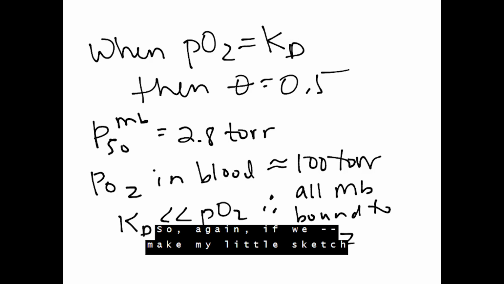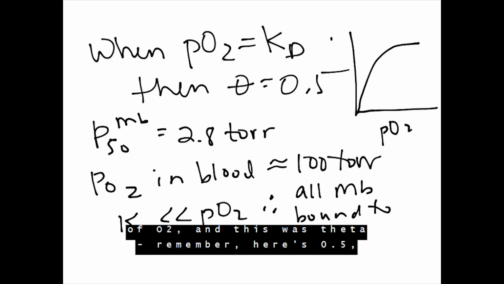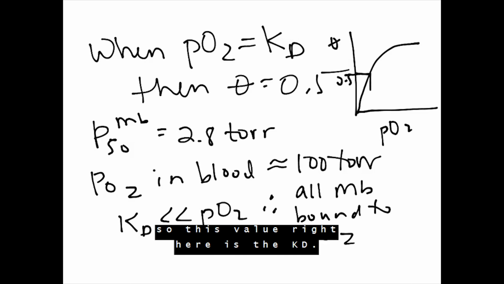So again, if we make a little sketch right here, because I only have 10 pages on my whiteboard. If this was our picture, and this was the pressure of O2, and this was theta, remember, here's 0.5, so this value right here is the KD.